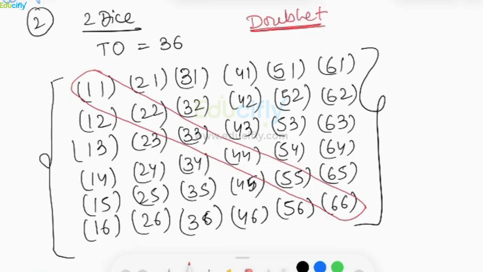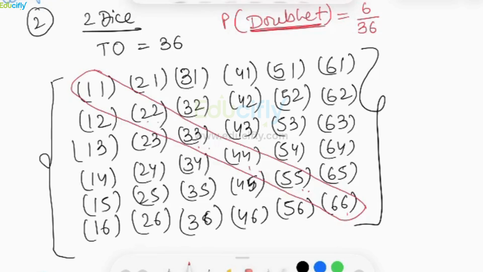Okay. So doublet is basically six in numbers, right? 1 1, 2 2, 3 3, 4 4, 5 5, 6 6, right? So that's straightaway 6 over 36 probability of getting a doublet, right? And if they're asking you about non doublet, then it is 30 by 36. You can subtract the 6 from the total numbers, right? So that's easy, right? And later on we'll understand what formula we are using here.